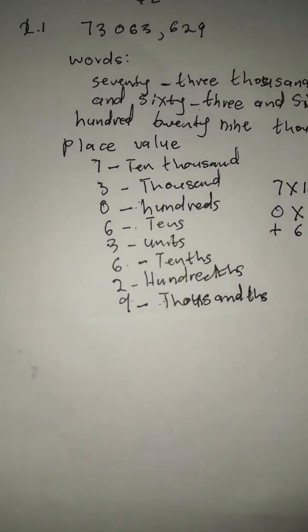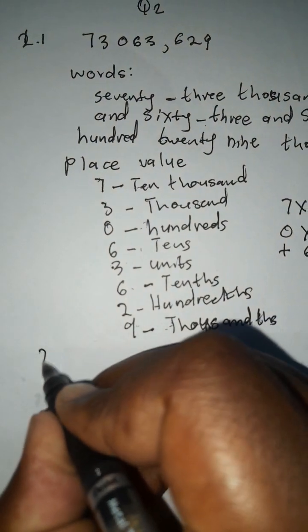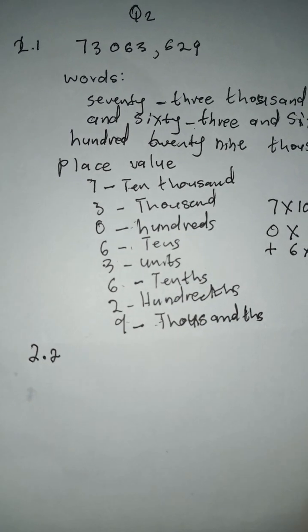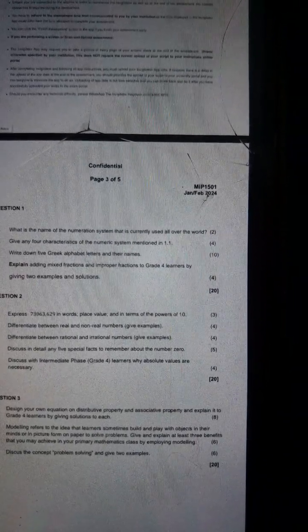Hope, guys, you did understand 2.1. We can go to 2.2 now. At 2.2, they said differentiate between real and non-real numbers, and give examples.